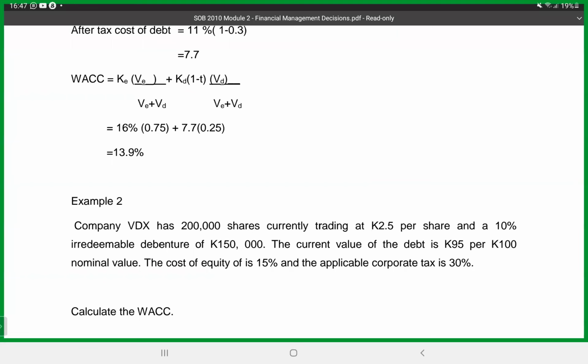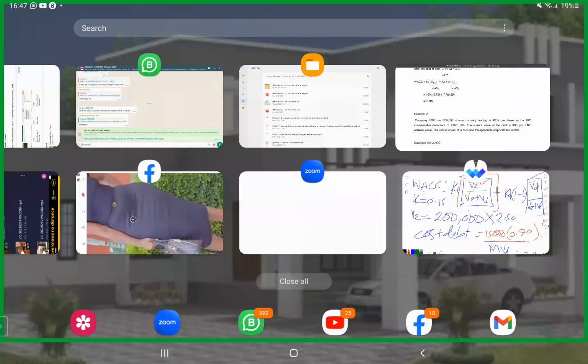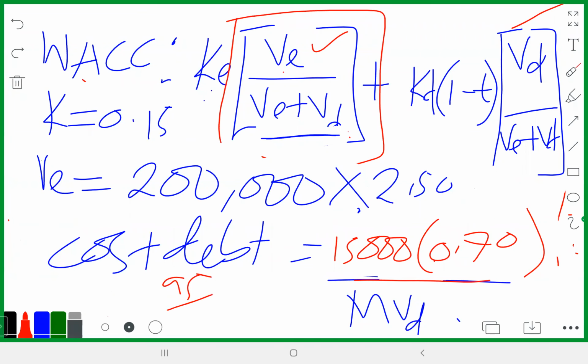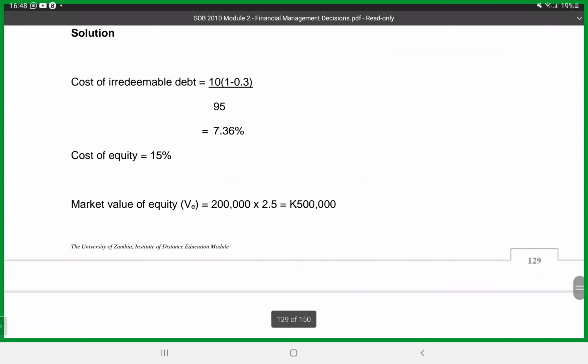So you say 95%, which is 95 over 100, times 150,000, which is the same as 0.95 times 150,000.